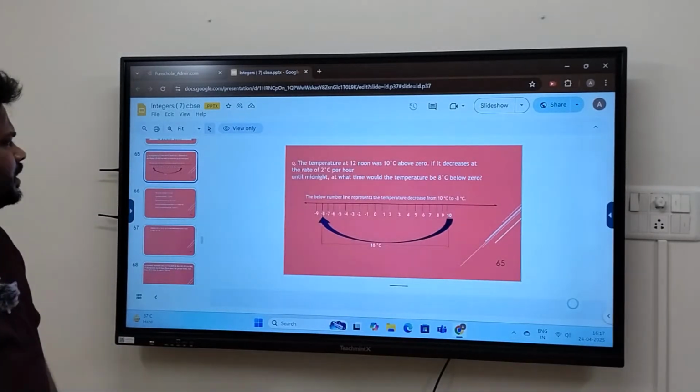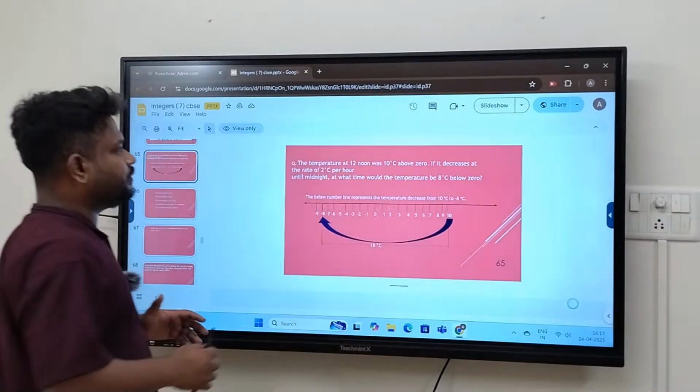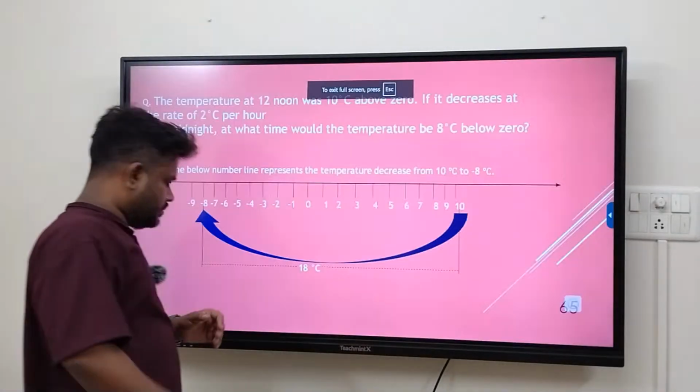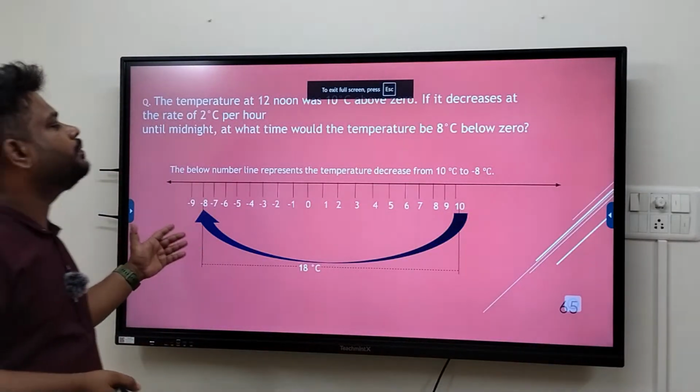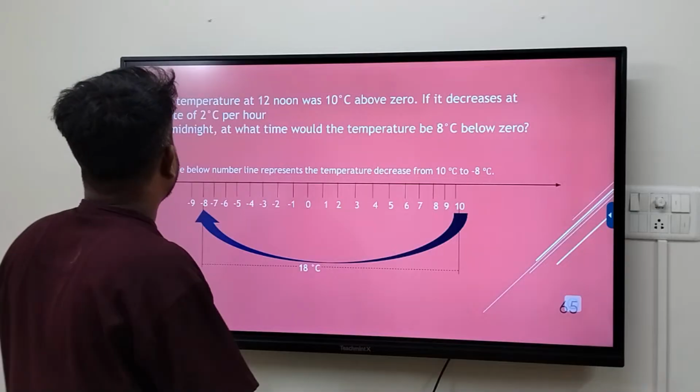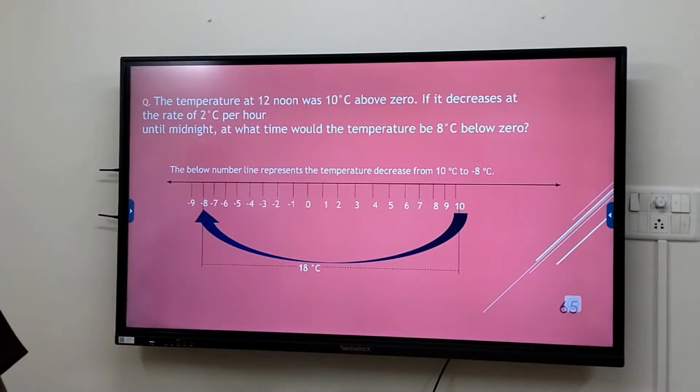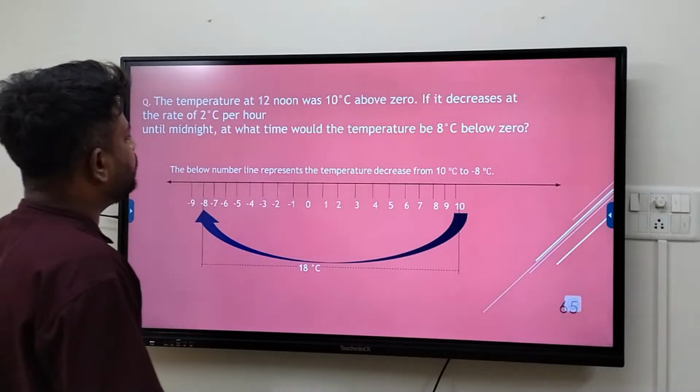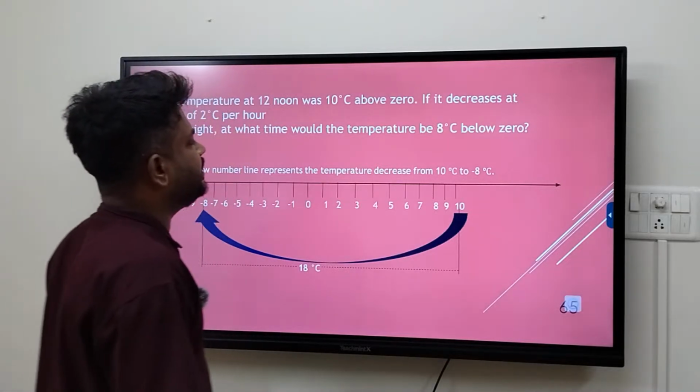Now we will try to solve some problems with the help of the number line. The temperature at 12 noon was 10 degrees centigrade above 0. If it decreases at the rate of 2 degrees centigrade per hour until midnight, at what time would the temperature be 8 degrees centigrade below 0?